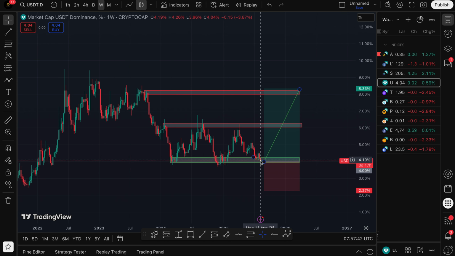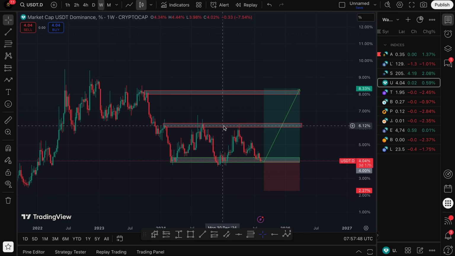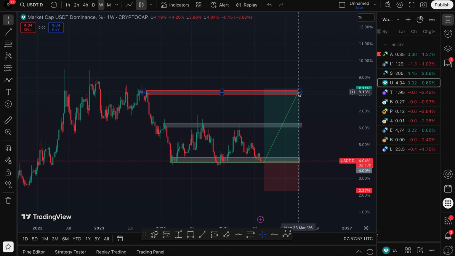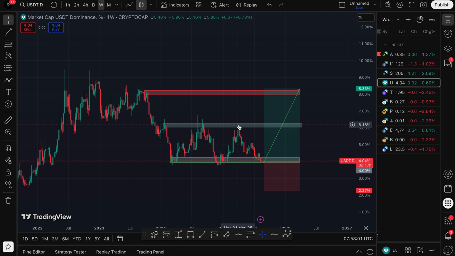I'm expecting this move to here at least, to this first rectangular box on USDT.D, and then if it breaks above this, then we're coming up to here.